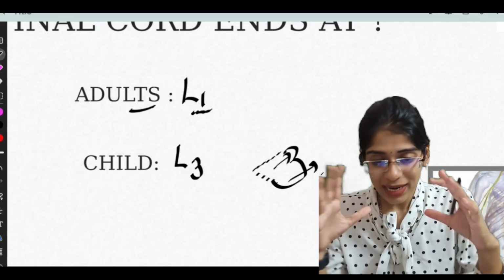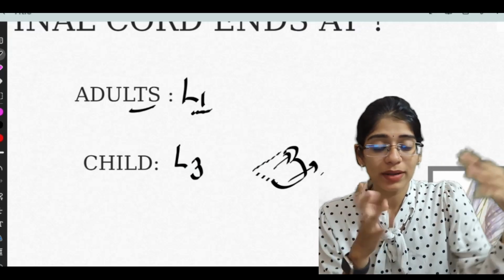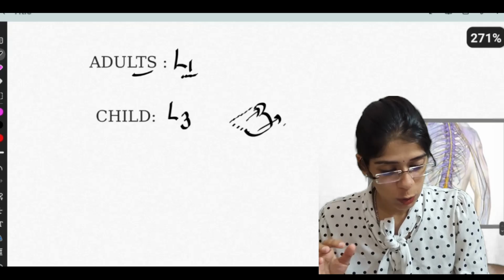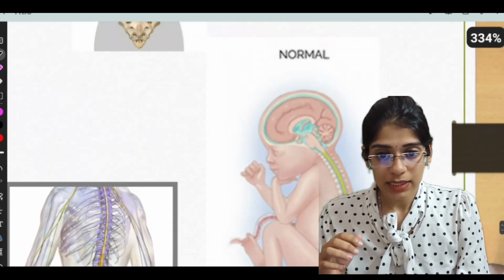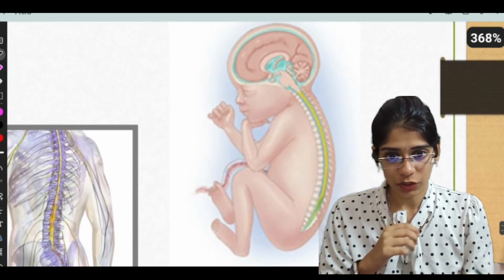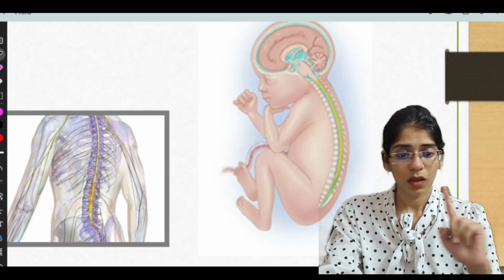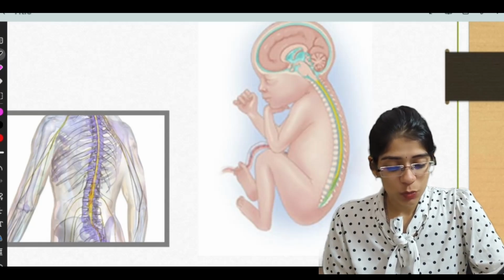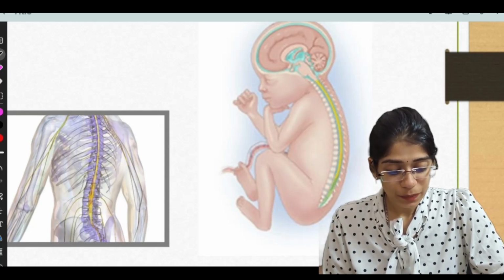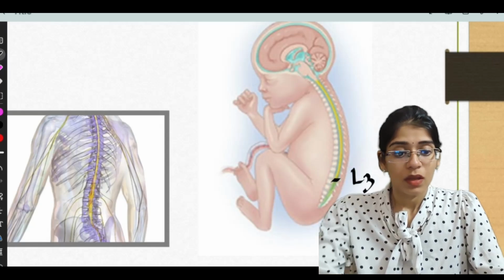Now why does it happen so? In adults it is L1, in children it is L3, because see this picture. In a child, the spinal cord ends at L3.